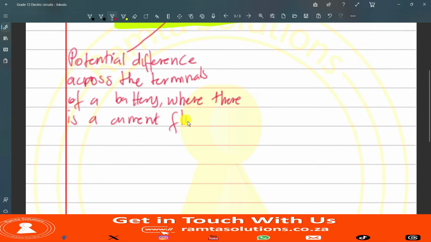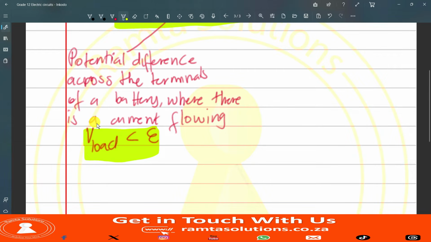And I need you to know that it will always be lower than the EMF. So this V load is always lower than the EMF. I want you to note this at all times.